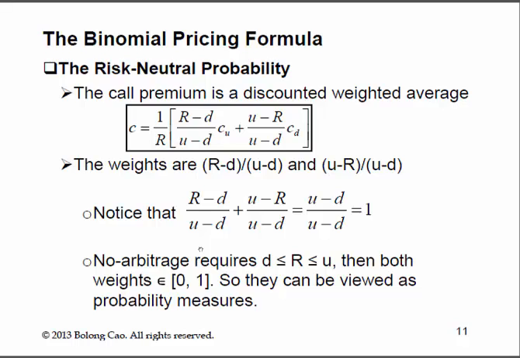So if the risk-free rate is a reasonable value and the risky asset actually is risky, giving me a good result in the upstate and a bad result in the downstate, then the risk-free rate really falls between the up and down proportions.